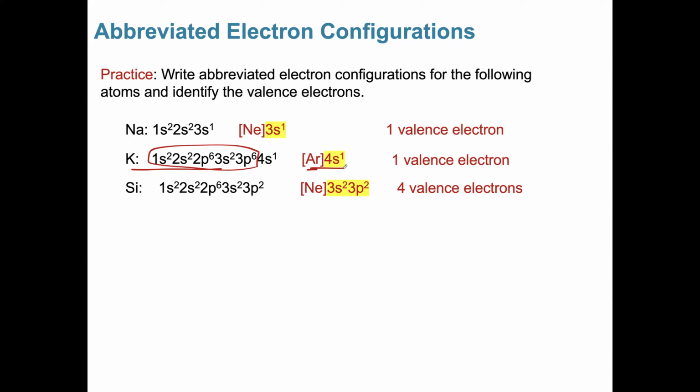Based on that, we can easily identify that potassium has one valence electron and sodium has one valence electron as well, since they are both in 1A. And silicon has the noble gas configuration of neon 3s2, 3p2. It shows that silicon has 4 valence electrons, which is consistent with the fact that silicon is in group 4A.